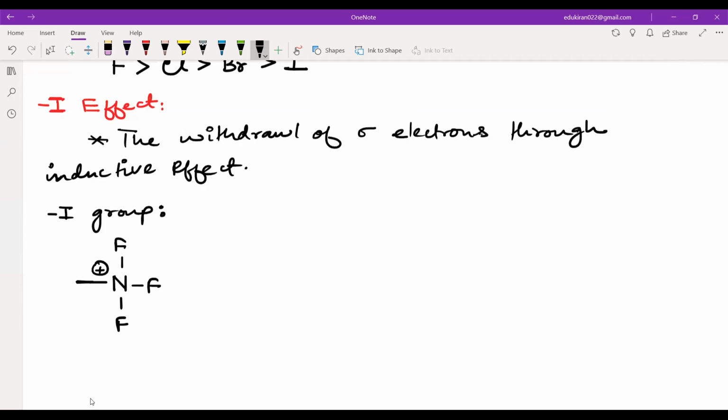You have nitrogen attached with three fluorines, so all of them will be pulling the electrons. So this is most electronegative in terms of inductive effect, followed by nitrogen with hydrogen, hydrogen, and hydrogen.